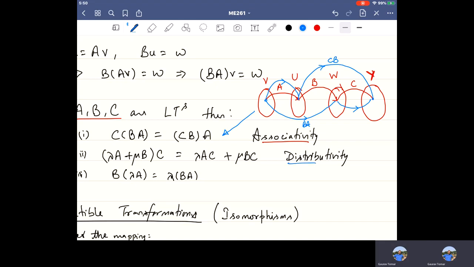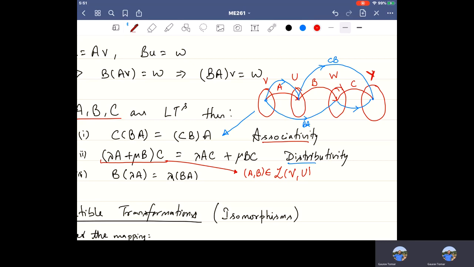It also satisfies the distributivity property, which means that if you have, in this case, I should keep defining them as we go along. In this case, A, comma B are mappings. They belong to, let's say, the mapping from vector space V to vector space U. That's why you're adding them.